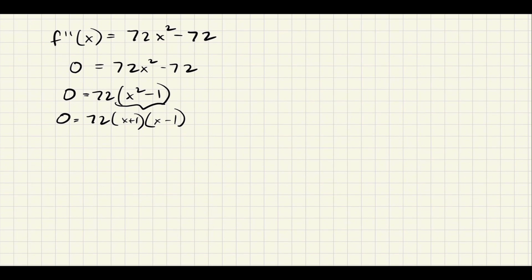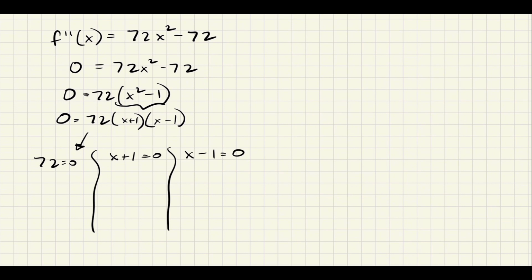Okay. So set all the factor terms equal to 0. 72 has no variable, so I can't solve for x, and it's not equal to 0.